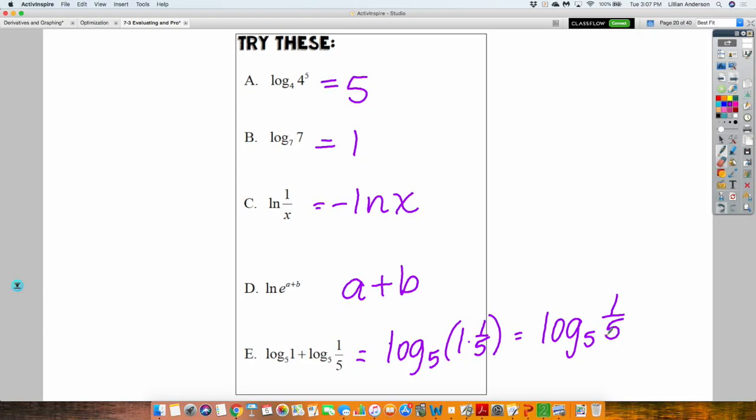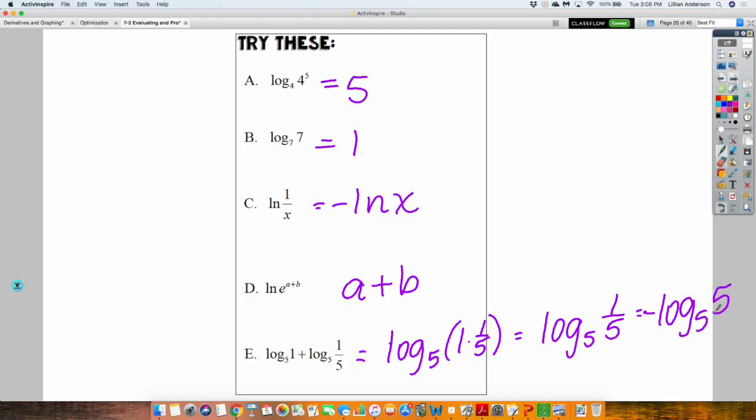But I can keep going. What is log base 5 of 1/5? I could use the change of base formula here, log 1/5 over log 5. That would give me an answer, but then I would need a calculator for that. And if I say no calculator, then what are you going to do? Oh wait, that's not an exponent, that's an answer. It's negative log base 5 of 5.